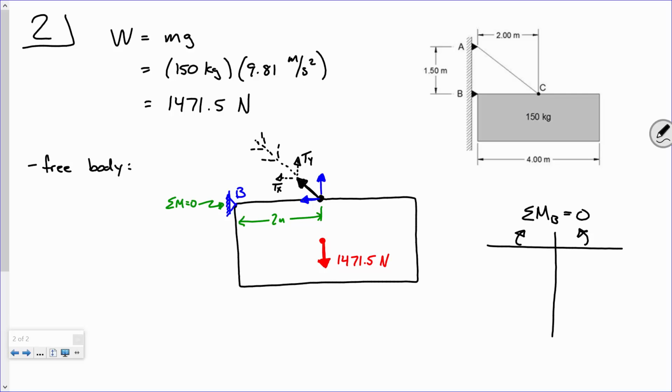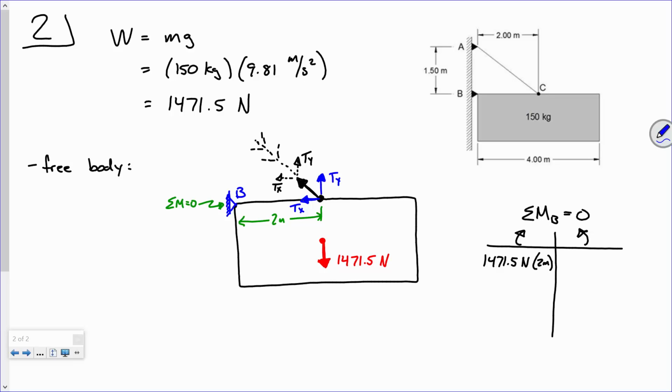So that goes over here. And then I've got Tx and Ty. Tx doesn't cause any moment at all because it's going right through B. Ty does, and what's its moment arm? 2 meters.